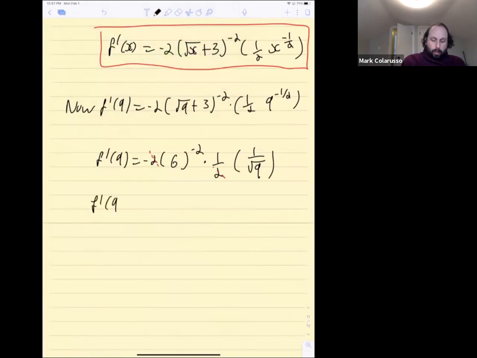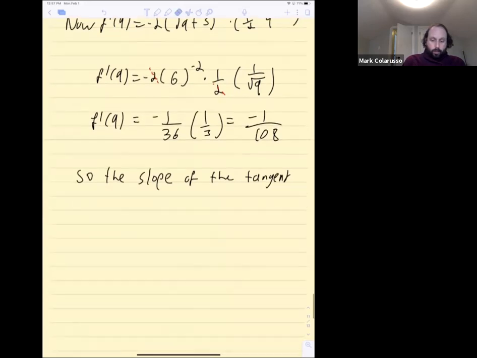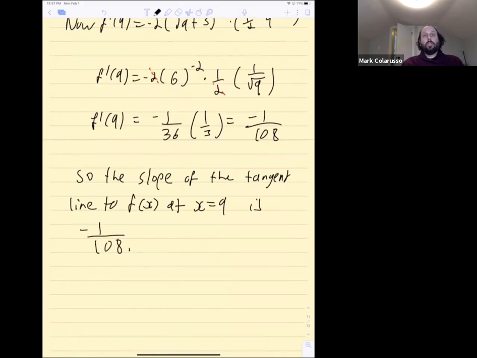So f prime at 9 is minus 1 over 36 times 1 over 3. 36 times 3 is 108. So the slope of the tangent line to f at x equals 9 is minus 1 over 108.